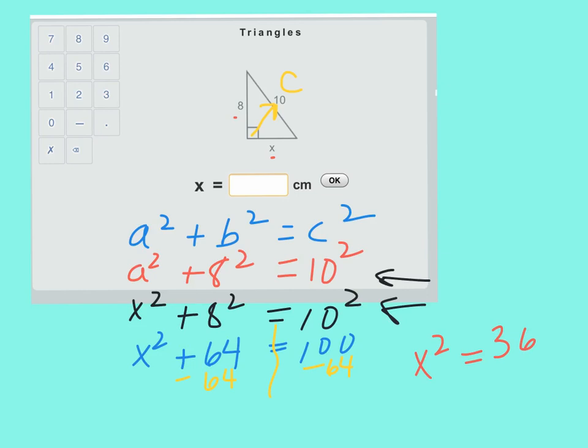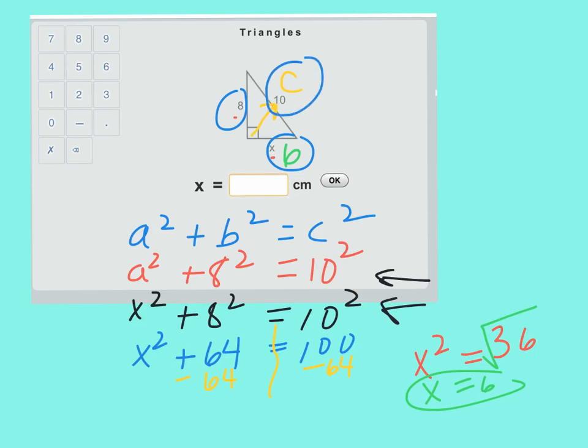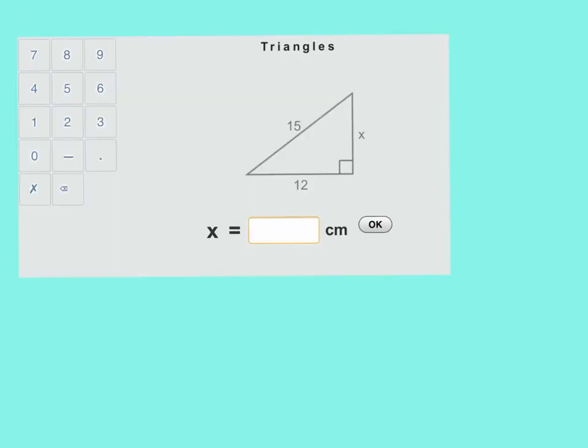Then the final step is to take the square root of 36 to get x by itself. So x equals 6. So up in here, this equals 6. Does that make sense? The legs are 8 and 6, and the longest side, the C, is 10. So we would put a 6 in for this example.